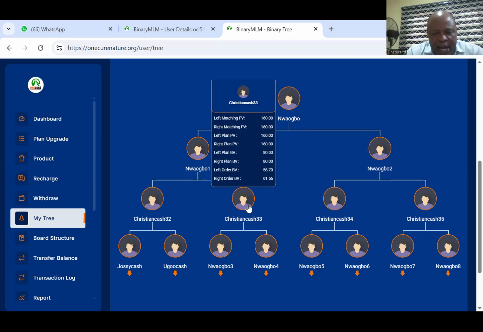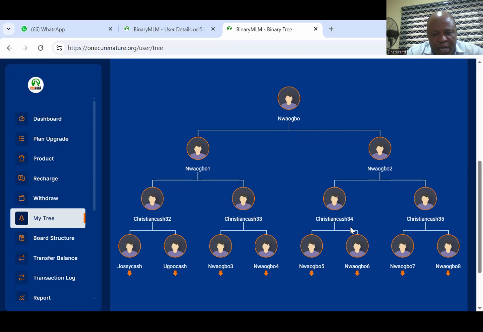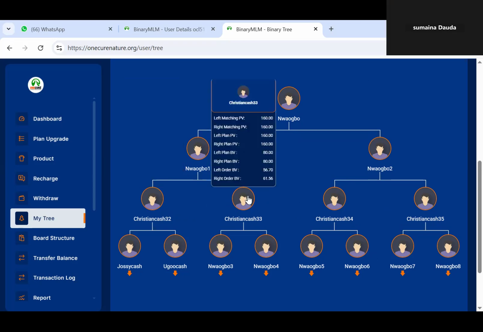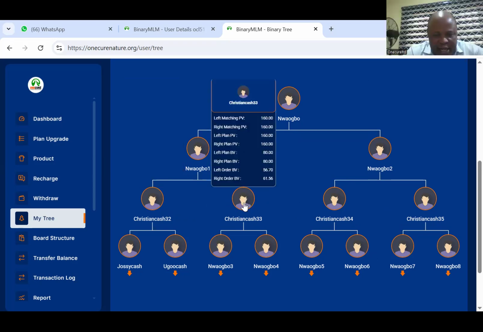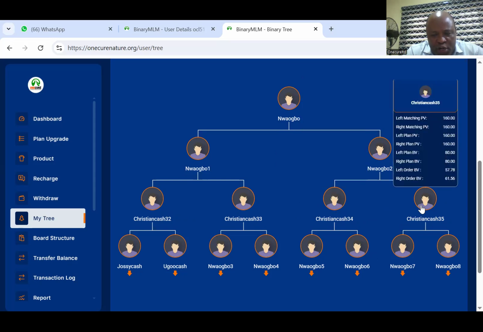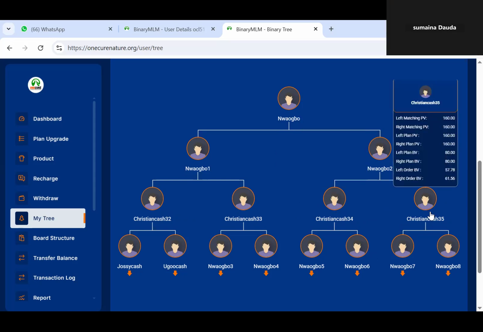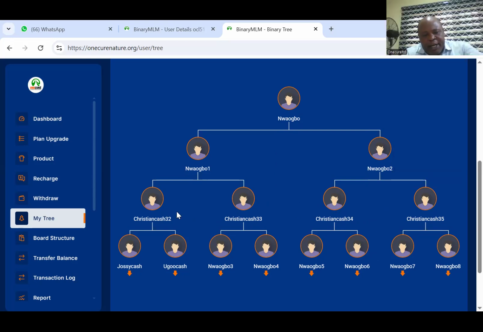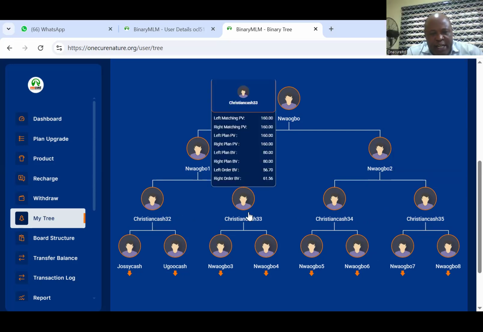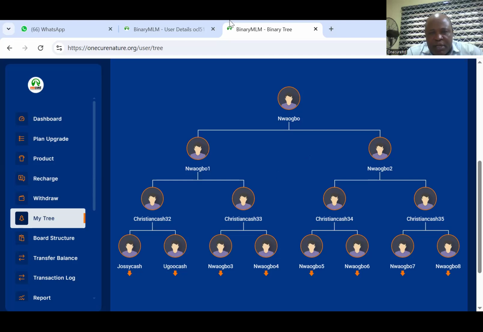So the system can reposition these people for you. Christian Cash and their team can be working on one side, the next person can take over this side, and another person can be repositioned here, and another here, so that each person is working in the direction of his team.